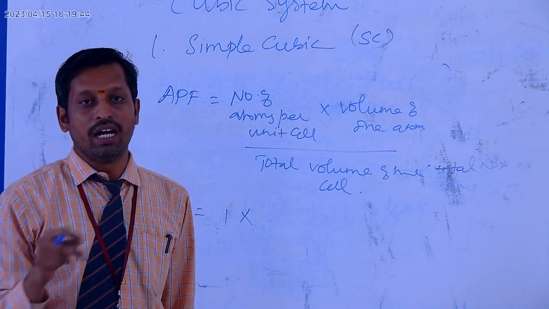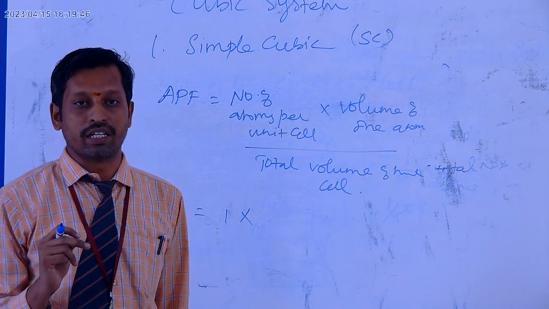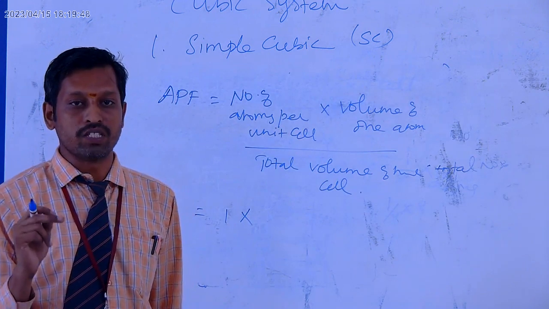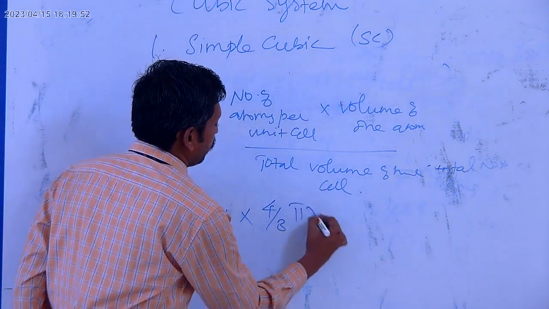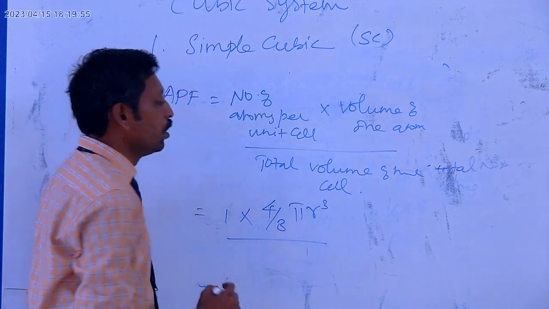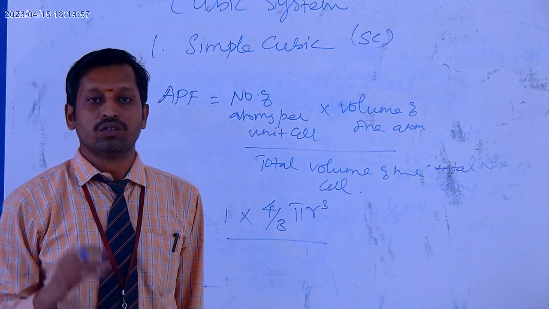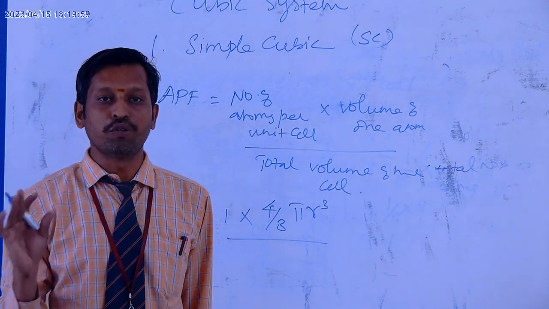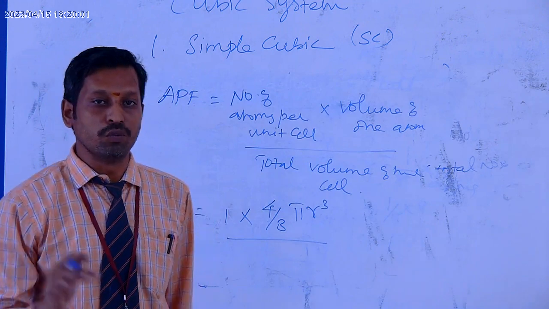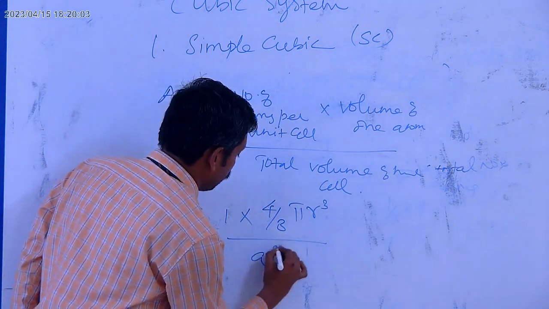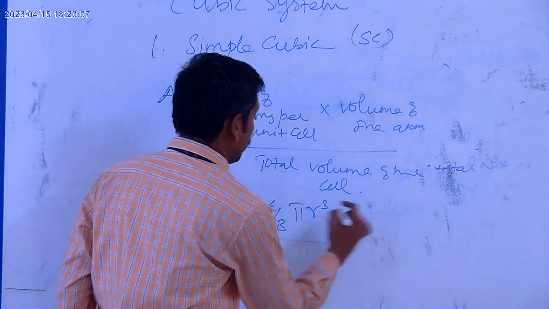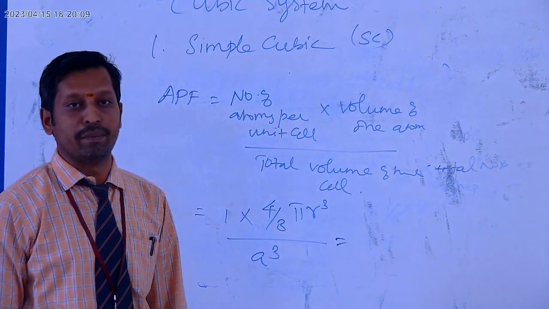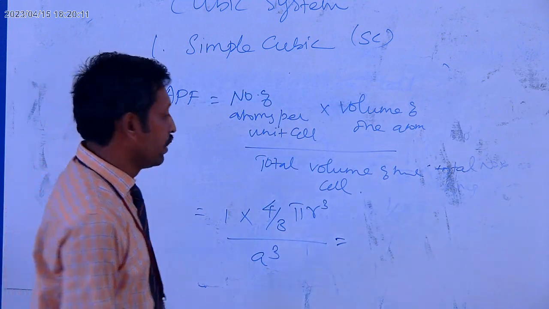So 1 into the volume of one atom. All the atoms are considered to be spherical in shape. The volume of a sphere is 4 by 3 pi r cube, divided by the total volume of the unit cell. The unit cell is cubic, so the volume of the cube is a cube. We know that r is equal to a by 2.